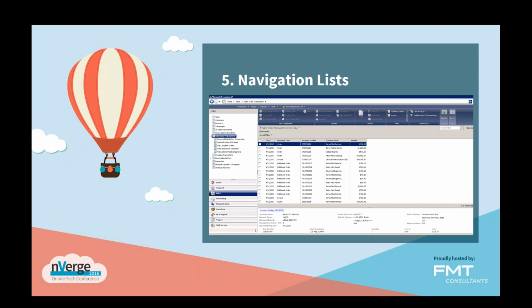Now, a note on customizability. Navigation lists are customizable by the user, though in a limited fashion. As I mentioned before, similar to smart lists, we can add or remove columns, change the rows around, filter, and sort, but we can also go to the preview pane and add or remove data from there, and go to the action pane at the top and add or remove some relevant actions.